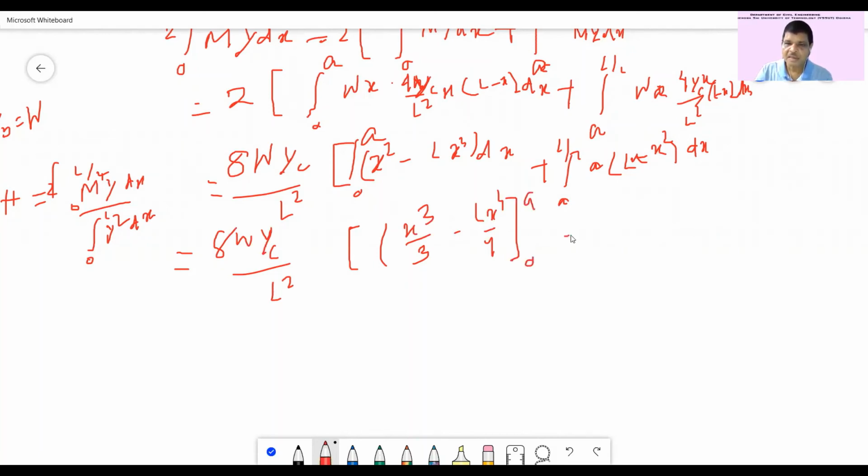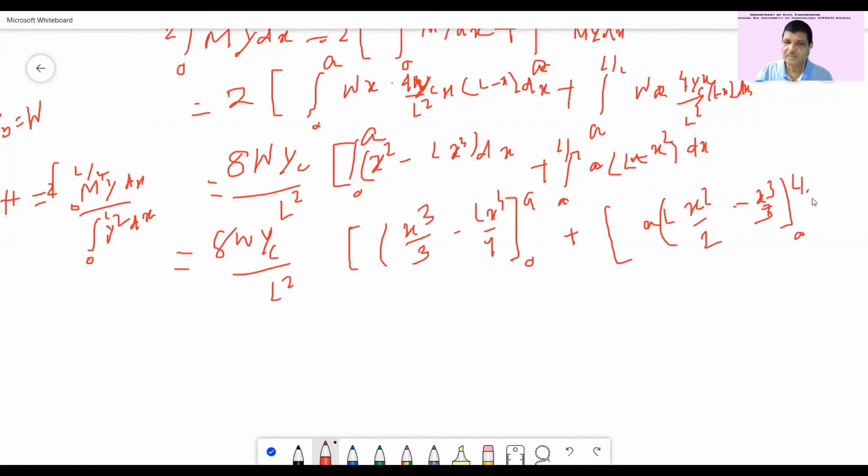Then plus a into L into x square by 2 minus x cube by 3, which varies from a to L by 2.